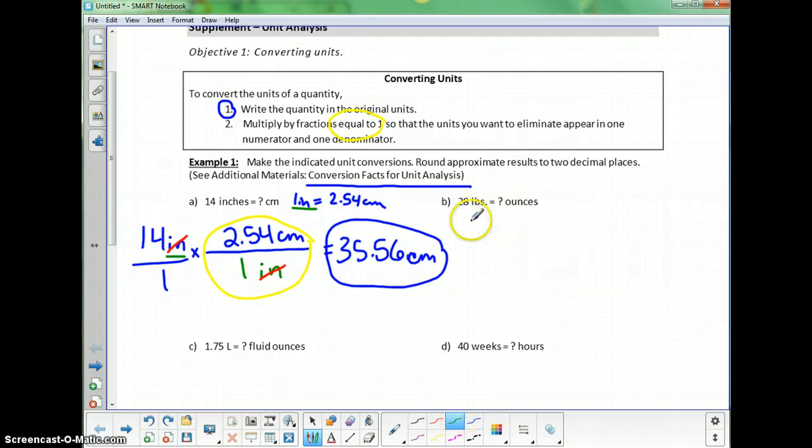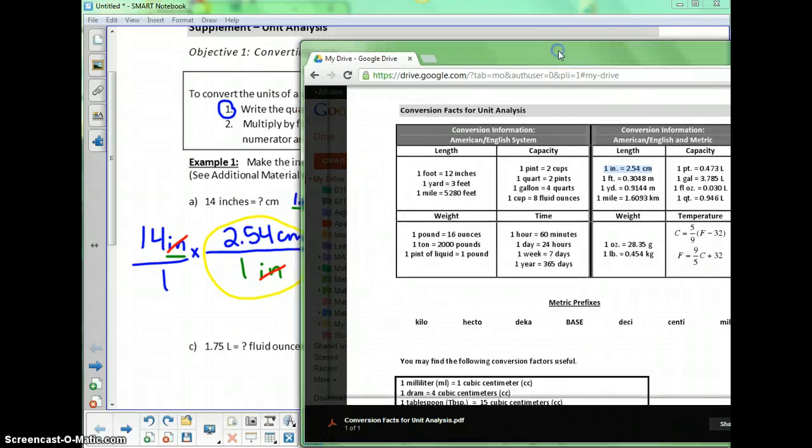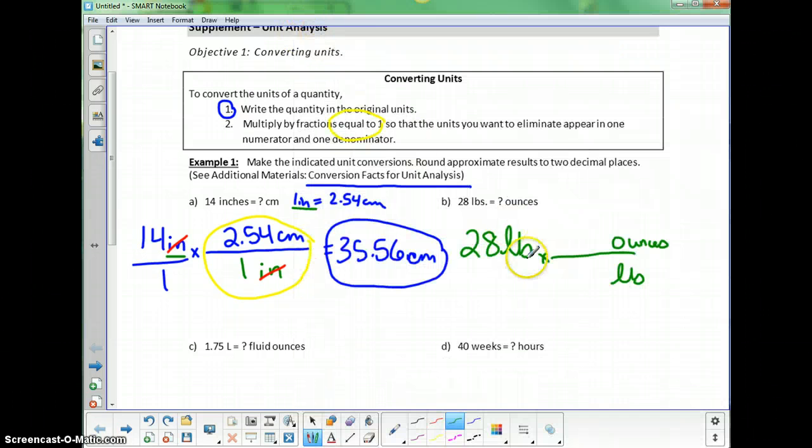Let's take a look at the next one. This one's 28 pounds. I'm going to start with 28 pounds, and I'm going to multiply by a fraction in such a way that I can make sure that I put pounds in the bottom. My goal is to get those to cancel, and hopefully I have some information about ounces on the top. So let's look back at pounds and ounces. 1 pound is equal to 16 ounces.